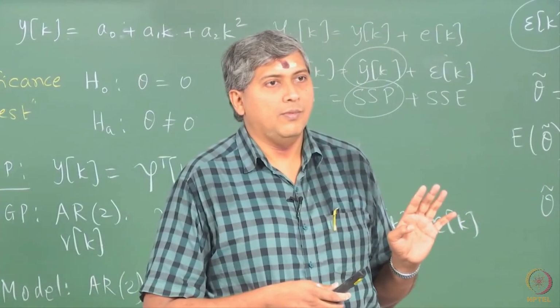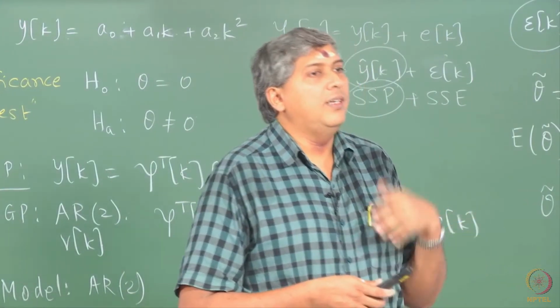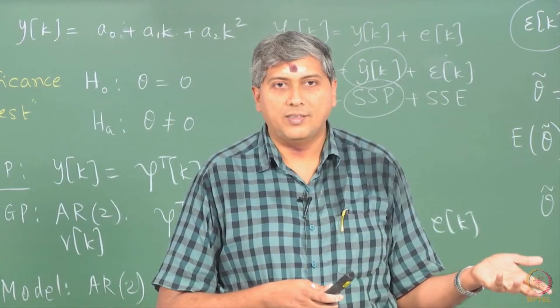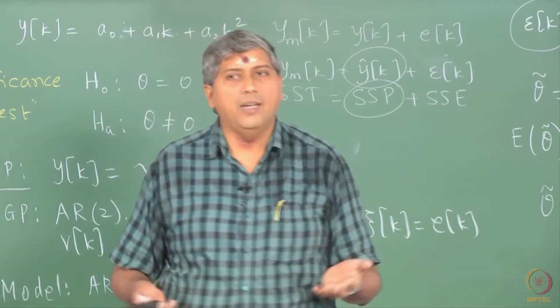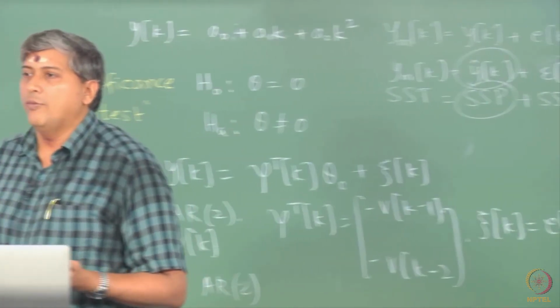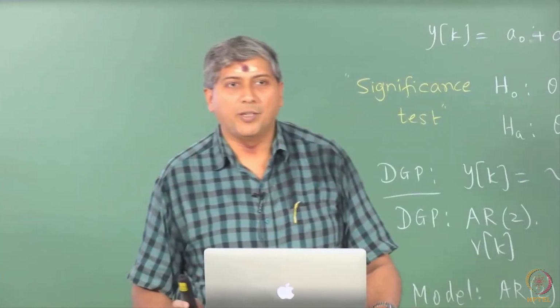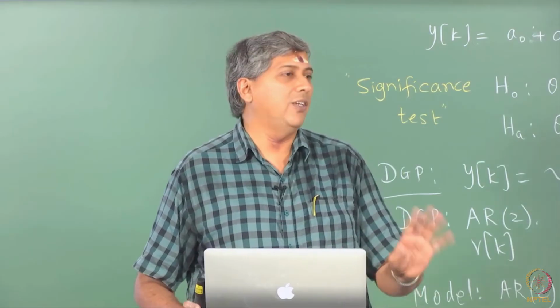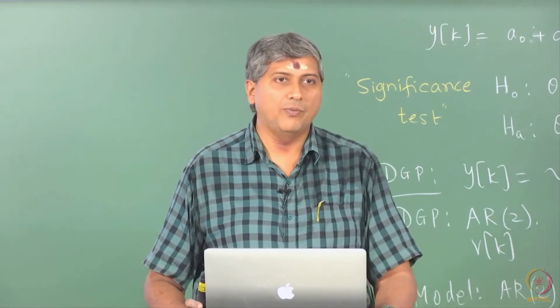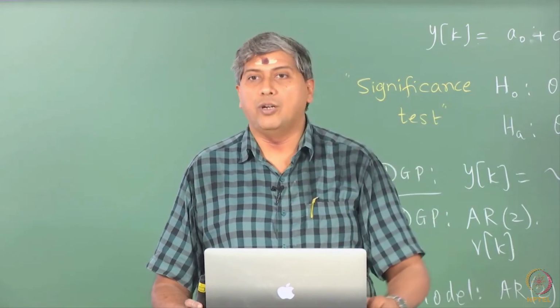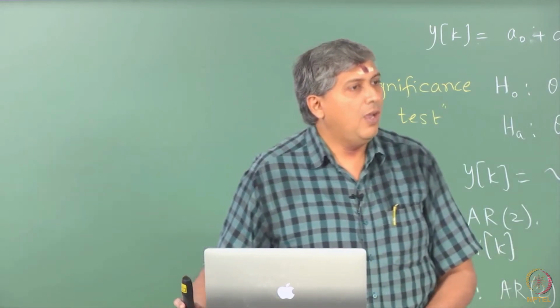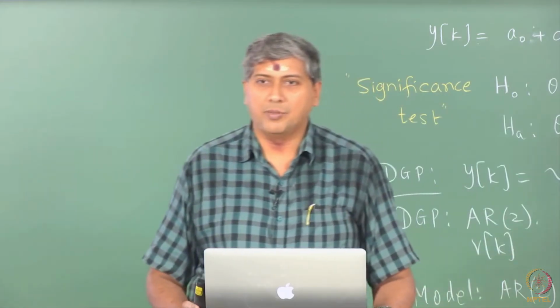If they are not 0 mean, then it says that you will see a bias in the estimates. But that is a very mild restriction. All you have to do is make sure you include an intercept term in your model, and then things are taken care of. That is, if you do not know a priori whether the errors in your data have 0 mean or not, all you have to do is just include an intercept term.